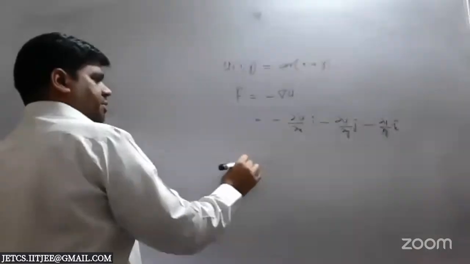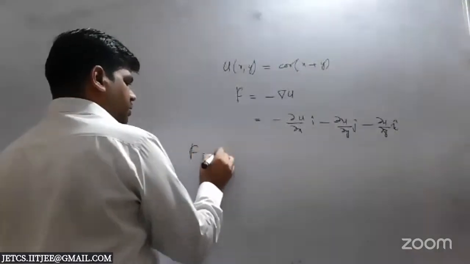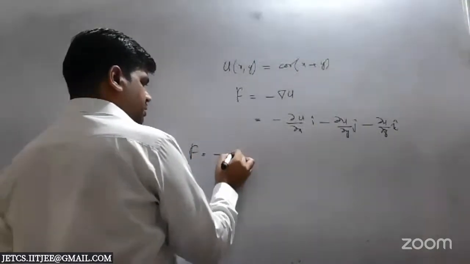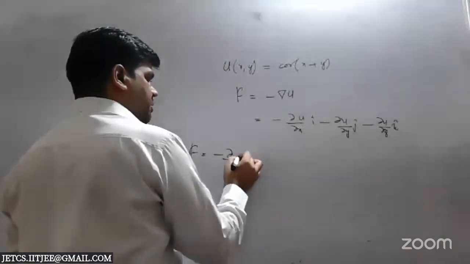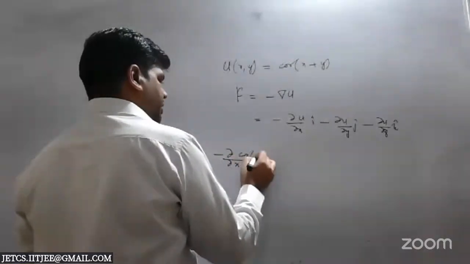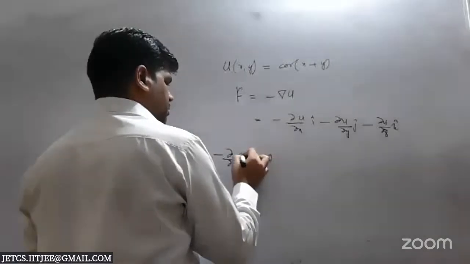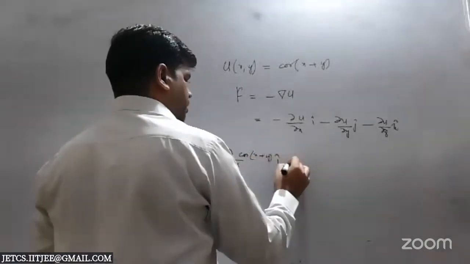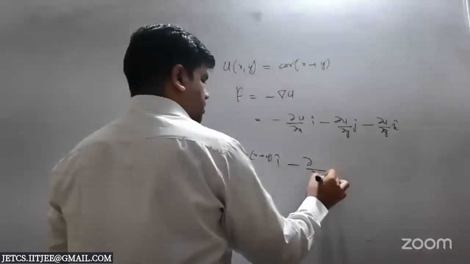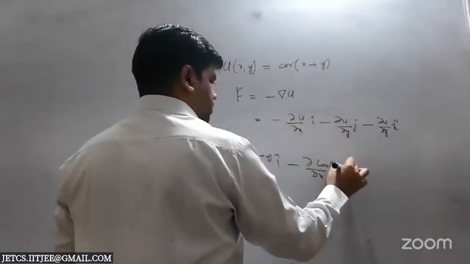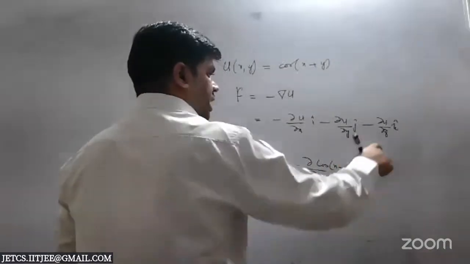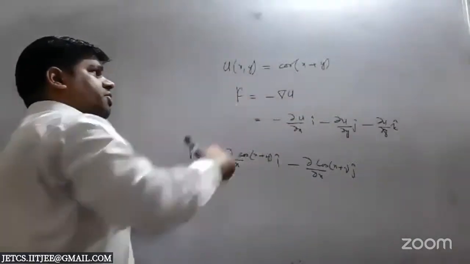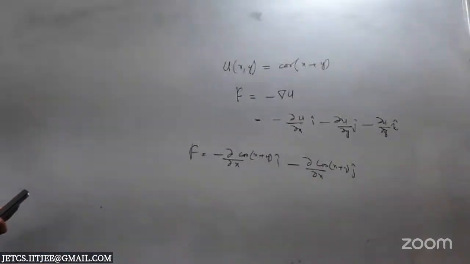Now substitute U over here. So F is equal to minus d/dx of cos x plus y i cap minus d/dy of cos x plus y j cap. With respect to z, it is 0 because x and y are constants.